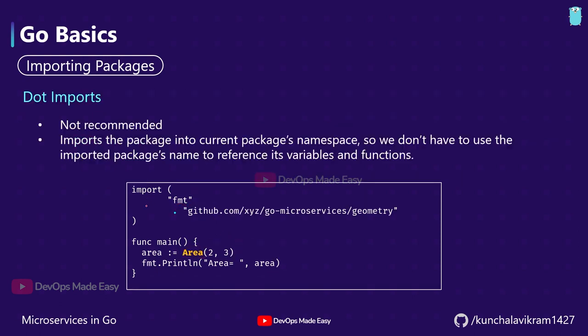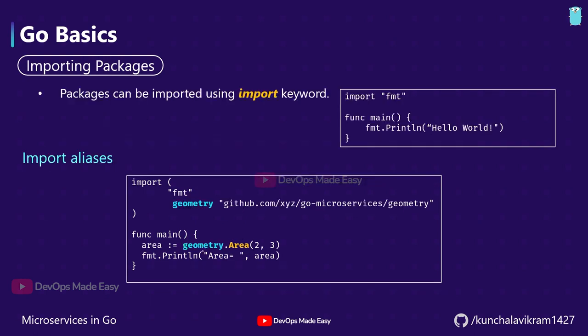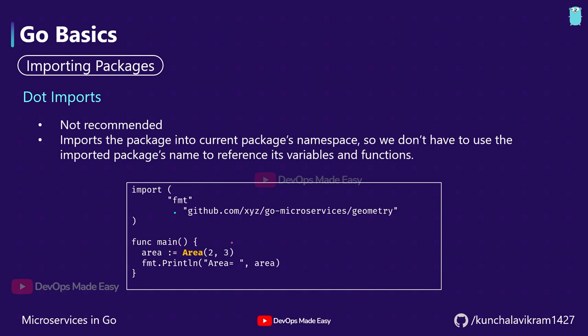And now let's say that you don't want to use this geometry key, so you wanted to directly use this area. What you can do is use the dot operator. What this dot operator will do is bring the complete package into the current namespace of main.go, so that any function or variable created inside that particular package can be directly referenced with this name.